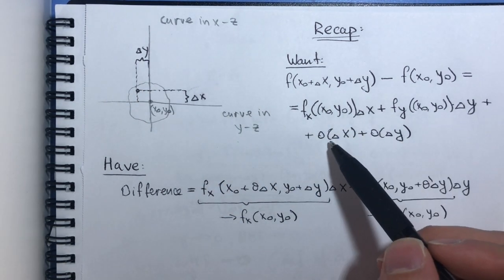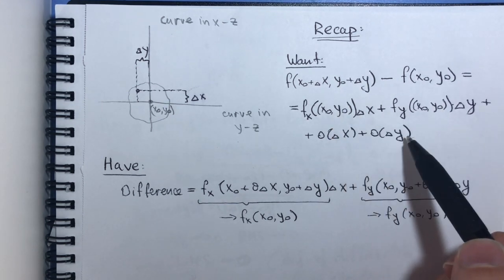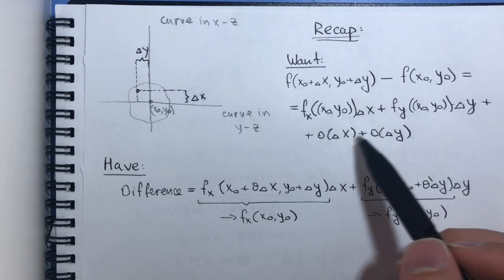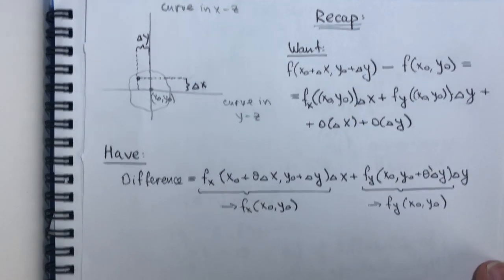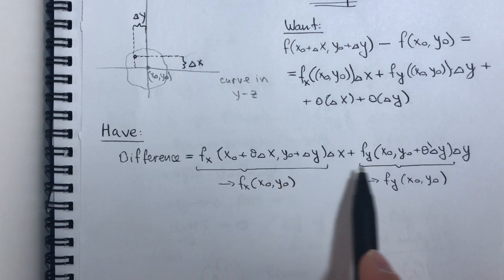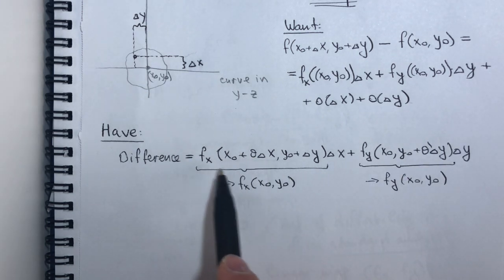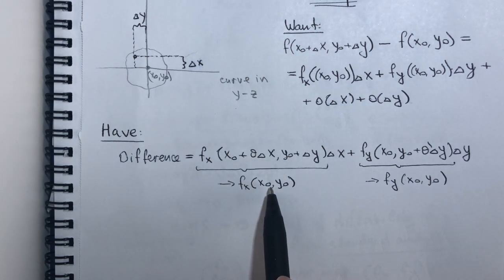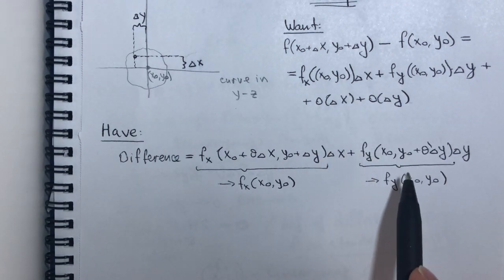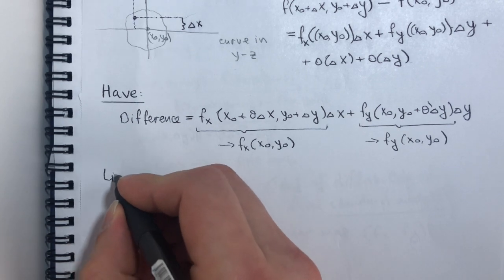Best means that the remainder, after we add these two terms, is negligible compared to delta x and delta y, when delta x and delta y are small. Right, so we want this difference to be that, but so far in this video we got to this point, and we know that by continuity this term tends to f of x at x naught, y naught, which we need, and likewise here. So now just use properties of limits.